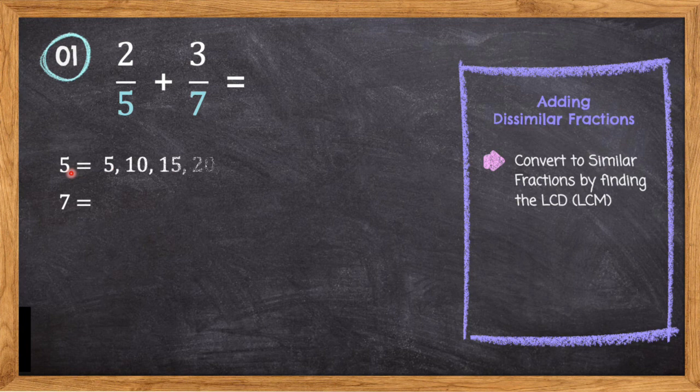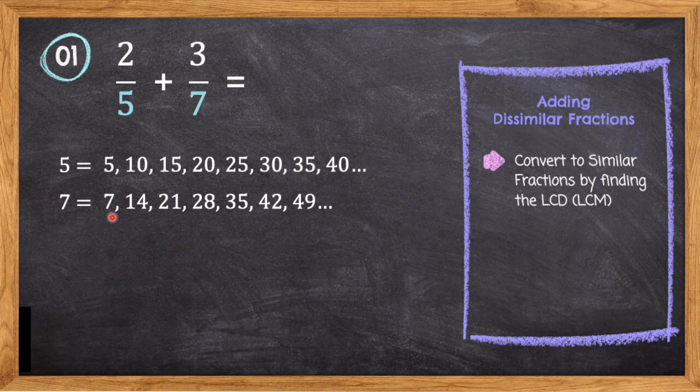Una sa 5, multiples are 5, 10, 15, 20, 25, 30, 35, 40, and so on. And for 7, the multiples are 7, 14, 21, 28, 35, 42, 49, and so on. Saan pagkuha sa multiples?